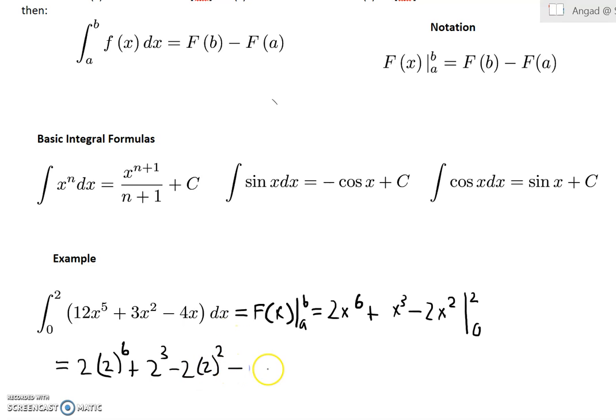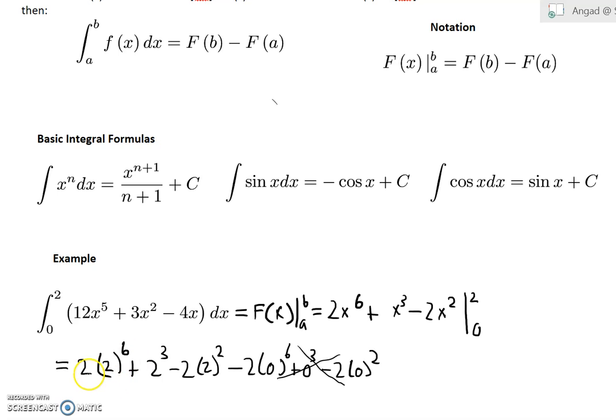And that's going to be minus 2 times 0 to the 6 plus 0 cubed minus 2 times 0 squared, because our a is 0, and this can be disregarded because it will just equal 0.